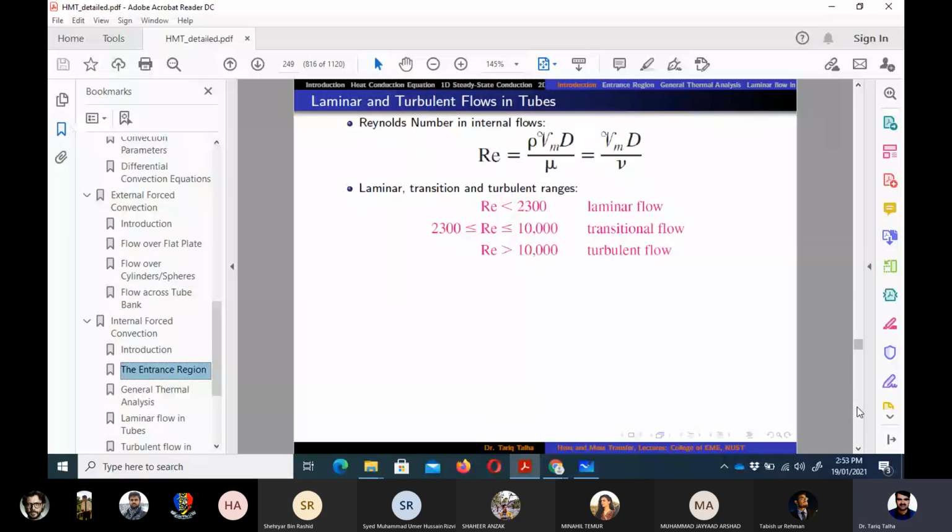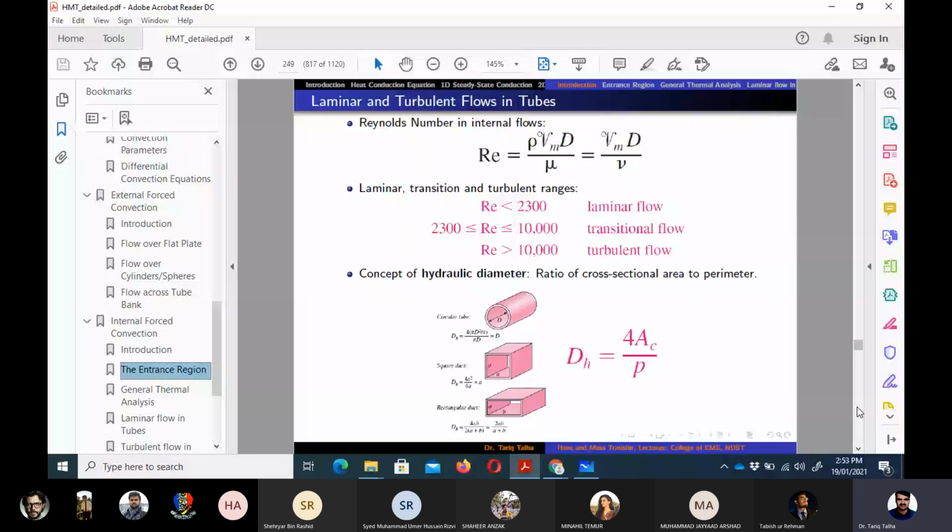You also know from your fluid mechanics knowledge that the Reynolds number in pipe flow, if the flow is laminar, should be less than 2300. Between 2300 and 10,000 it is transitional flow, and above 10,000 it is fully developed turbulent flow.